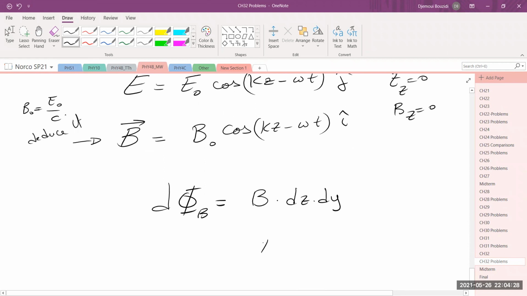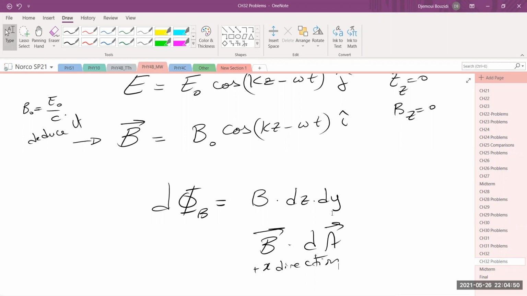Remember, this one is actually supposed to be B times dA. Okay? But both of them are in the X direction. So there is a cosine of 0 degrees between them. So that's why I'm not worried about that, okay? So dy dz is an area pointing in the X direction. Dy dx is an area pointing in the Z direction. dx dz is an area pointing in the Y direction. So you have to pay attention here.